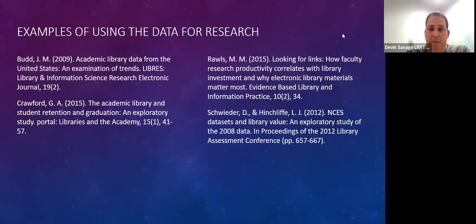Rawls in 2015, and I think I actually saw him do this at the Library Assessment Conference in 2014, did a really neat study correlating research productivity and electronic library expenditures. And there were some really interesting correlations there. And then Schweider and Hinchliffe used some of these IPEDS and ACRL data sets along with other big data sets in an exploration of all the big data pieces together and what they could find, which was also really interesting.